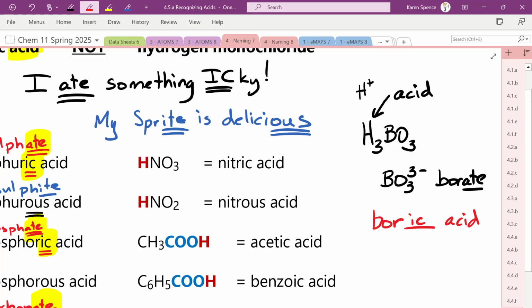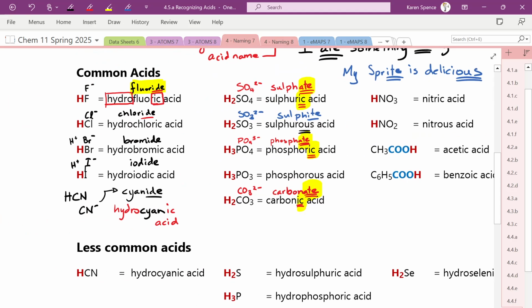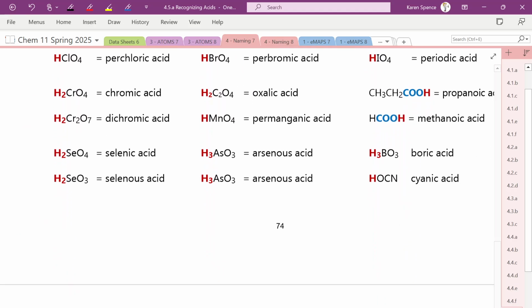Now, there's just 2 little teeny tiny things that make acids a little bit weird, and that has to do with sulfur and phosphorus. S and P, salt and pepper. Sulfur and phosphorus need an extra syllable.